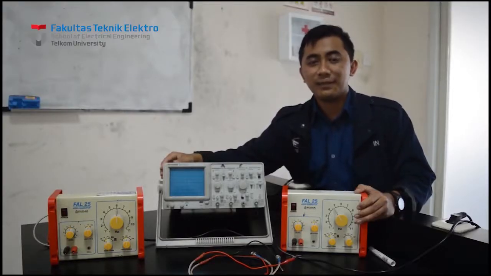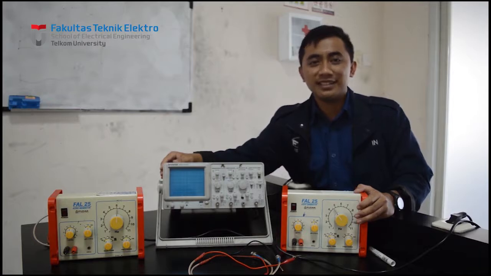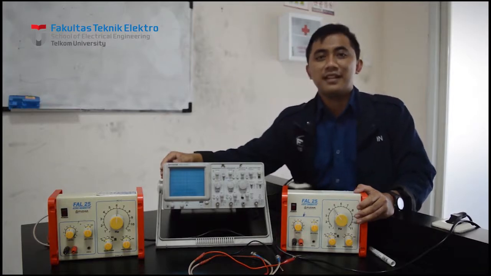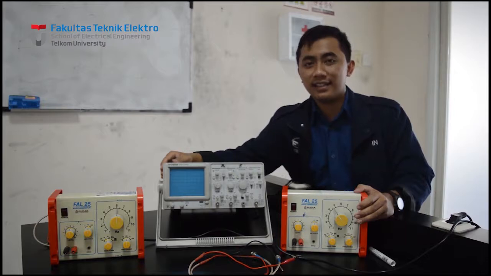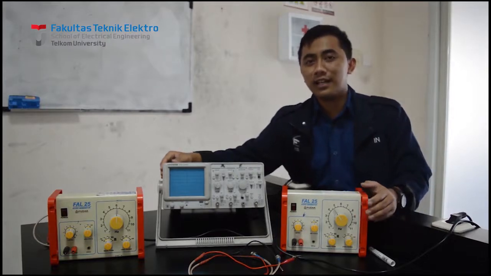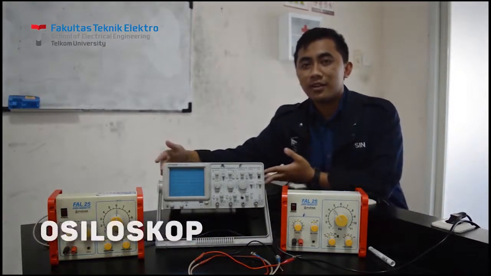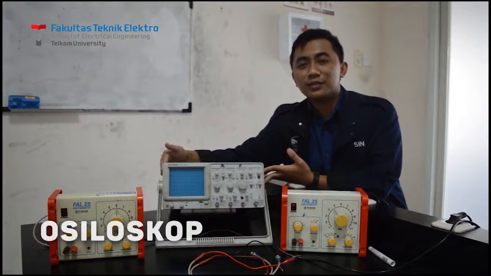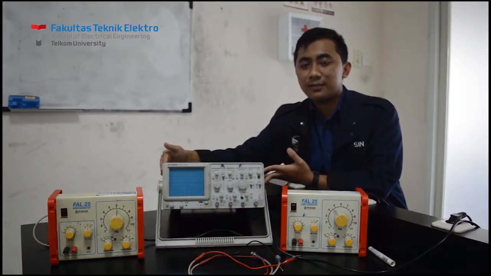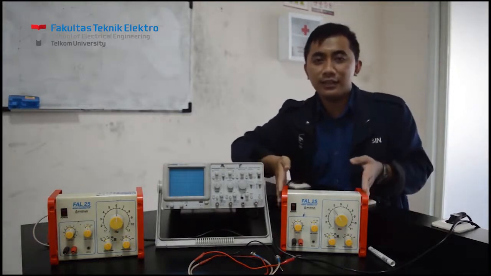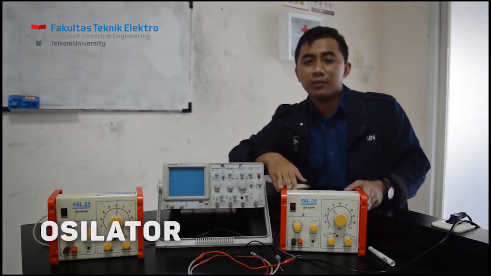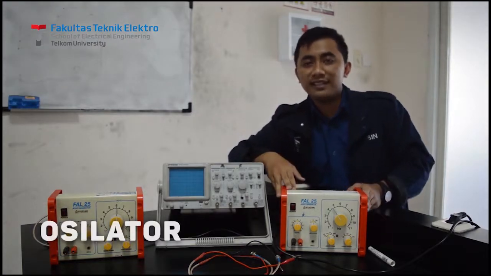Today we will practice superposition of harmonic vibration. The first tool we use in superposition of harmonic vibration is the oscilloscope. The function of the oscilloscope is to show the wave from the audio source. The next is the oscillator or audio generator.